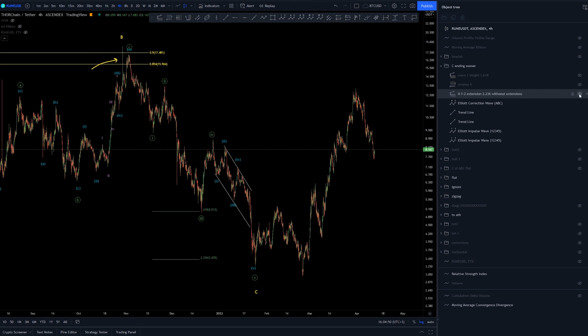The extension for the whole move is met as well, perfectly, with the 1.618 here on the third wave.